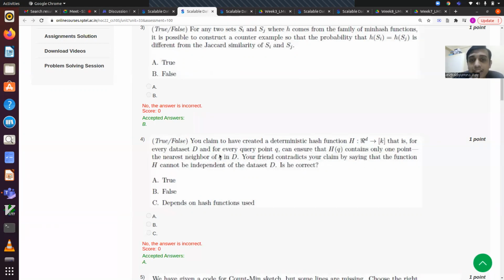So what we are claiming is we have a hash function which works for the dataset D, and for every query point, we know that this hash function H(Q) has only the nearest neighbor of the point. Nearest neighbor. So this function H cannot be independent of the dataset D.